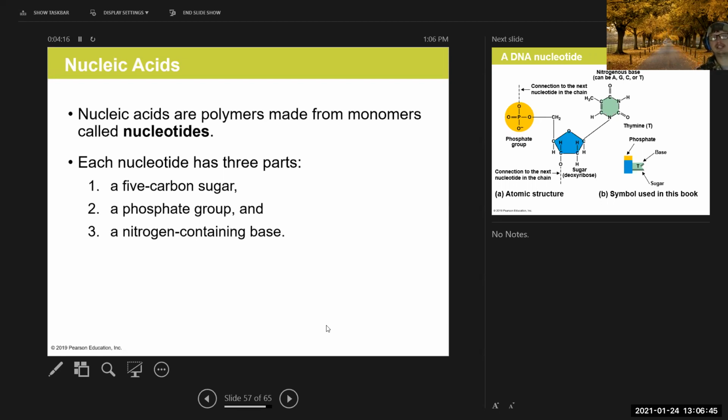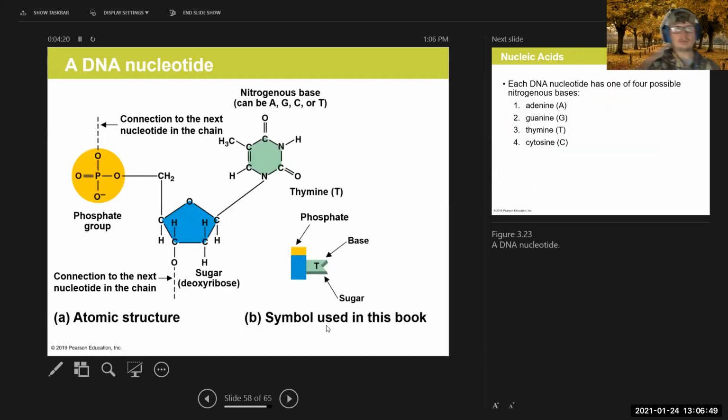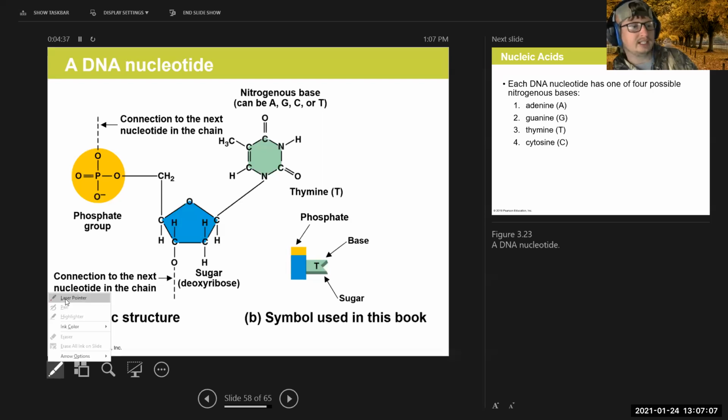And so the nucleotides for DNA can either be adenine, guanine, cytosine, or thymine. And those are referenced by the letters A, G, C, and T. And so, for example, this nucleotide shown here on the slide is a thymine nucleotide.